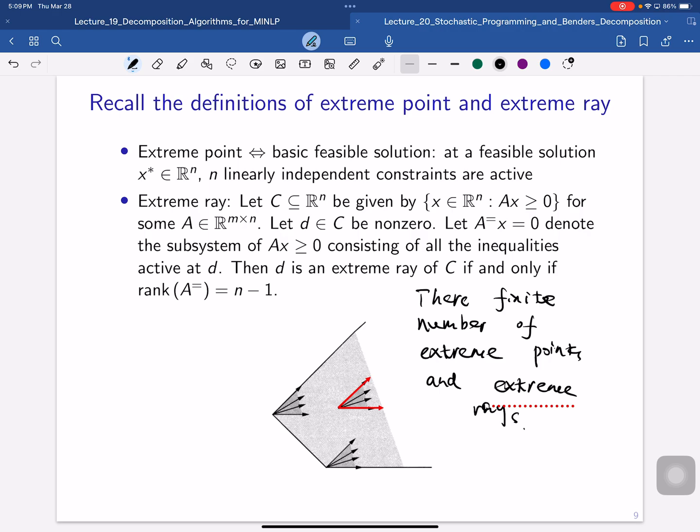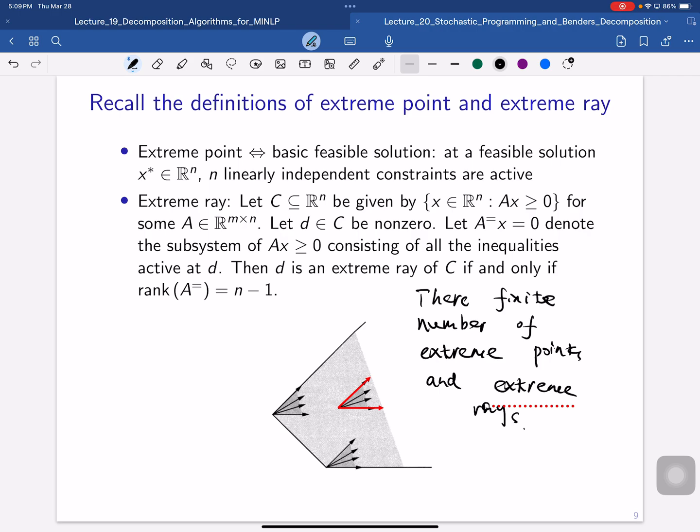And this is clear because when you are getting an extreme point, you are making a subset of the constraints active. There are only finitely many ways of choosing those active constraints. So there are a finite number of extreme points. And for the extreme rays, you are also picking a subset of those inequalities and letting them hold as equality, and there are a finite number of combinations of those.